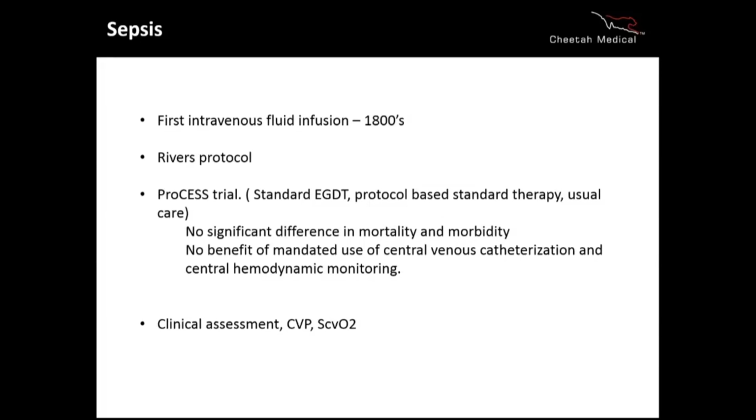They were much more conservative with fluid administration. Even though mortality rate was really not different among the three groups in the trial, it was significantly less than the mortality rate in the Rivers protocol. It also showed that there was no benefit of mandated use of central venous catheterization and central hemodynamic monitoring.